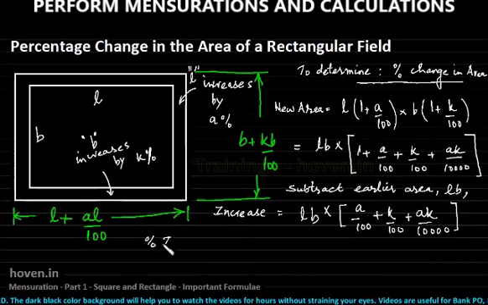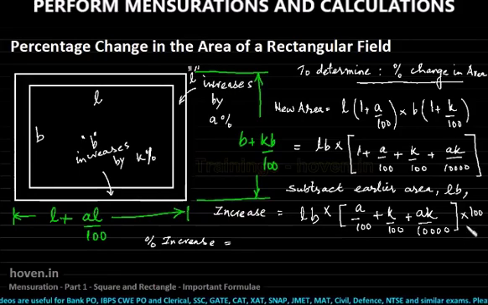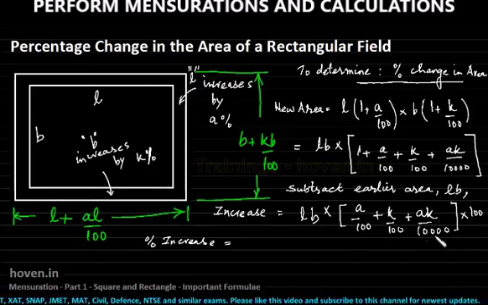And percent increase will be obtained by multiplying this by 100. The entire will be multiplied by 100. So I am writing it here into 100. So this 100 will cancel out this 100, and out of 4 zeros 2 will be cancelled out.